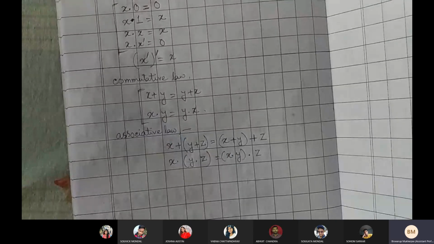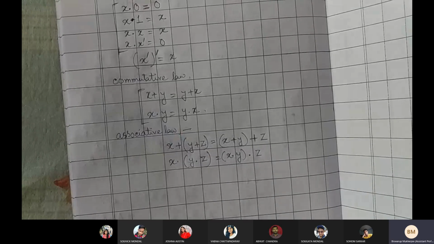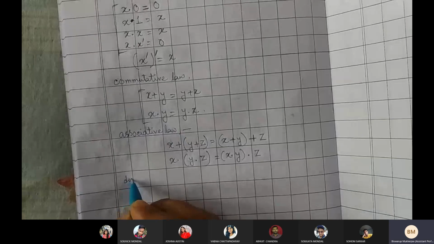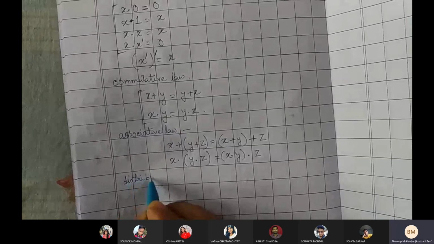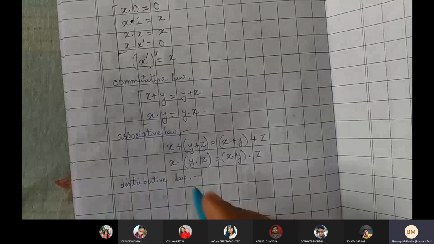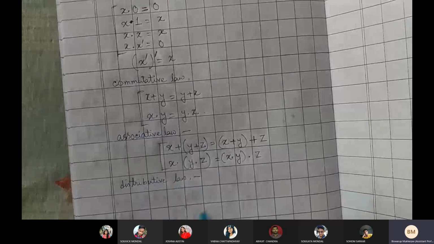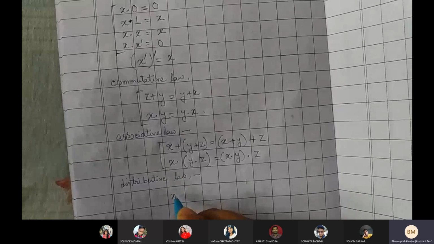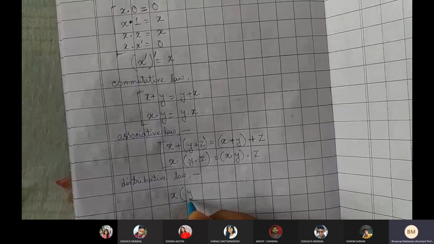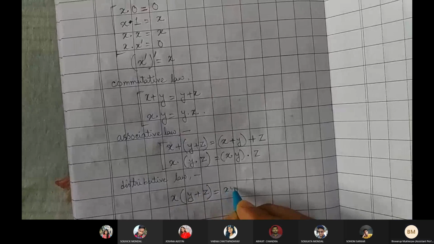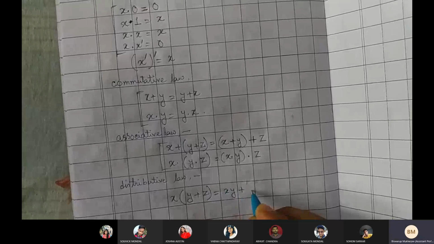These are very common and common to all other algebraic cases also. Similarly, distributive law, we also know the distributive law. So these two are associative law. Then we are having the distributive law. That is x into y plus z is equal to xy plus xz.